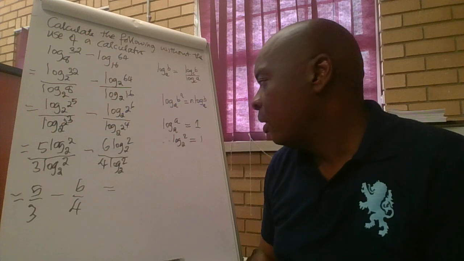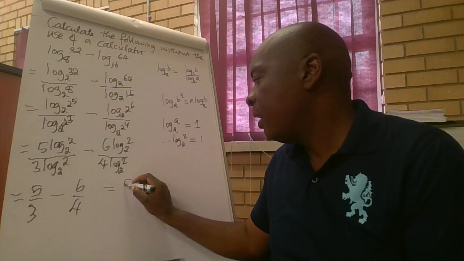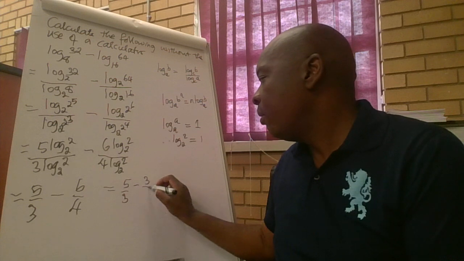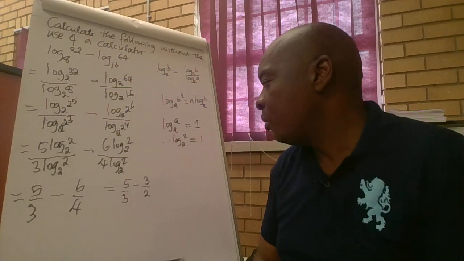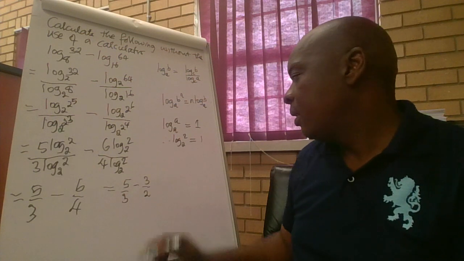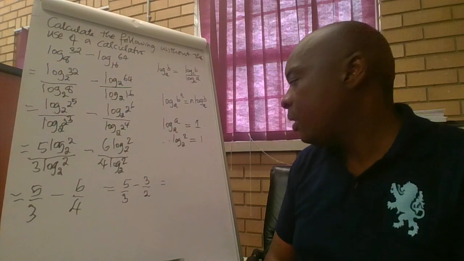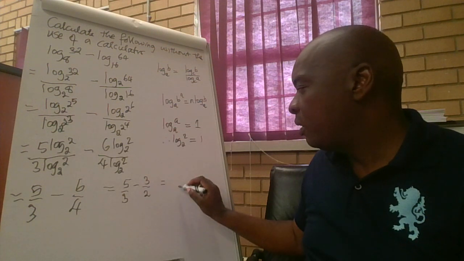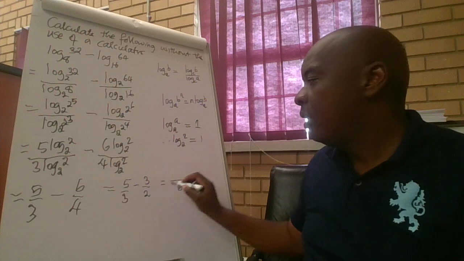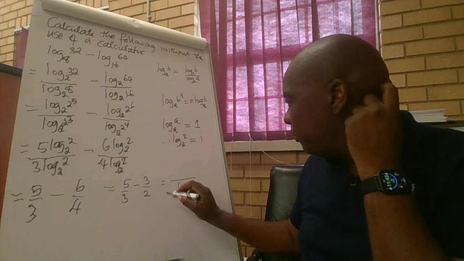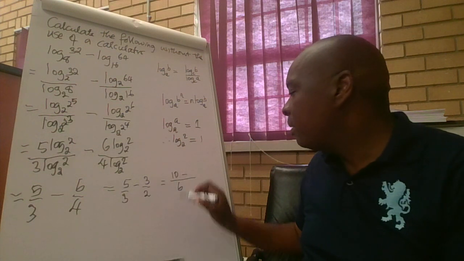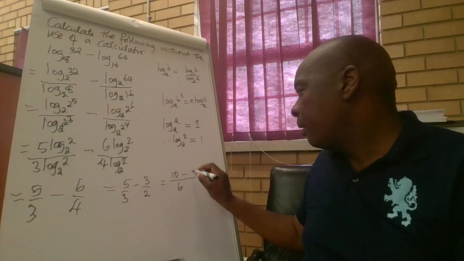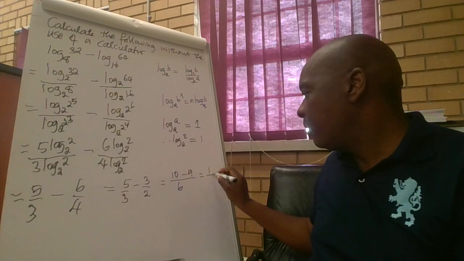So in other words, that is 5 over 3 minus 3 over 2 if we reduce that fraction, and if we find the common denominator there, that's 6, and that is going to be 10 minus 9, which gives us 1 over 6.